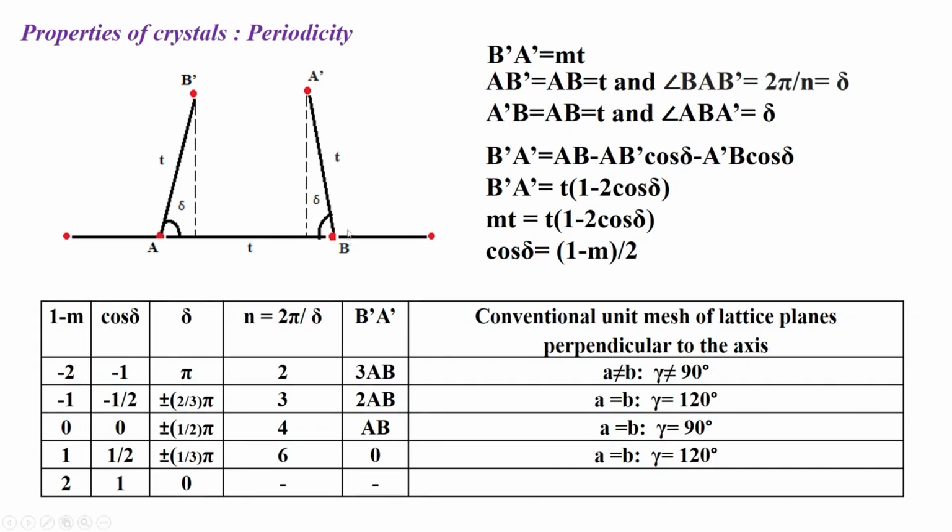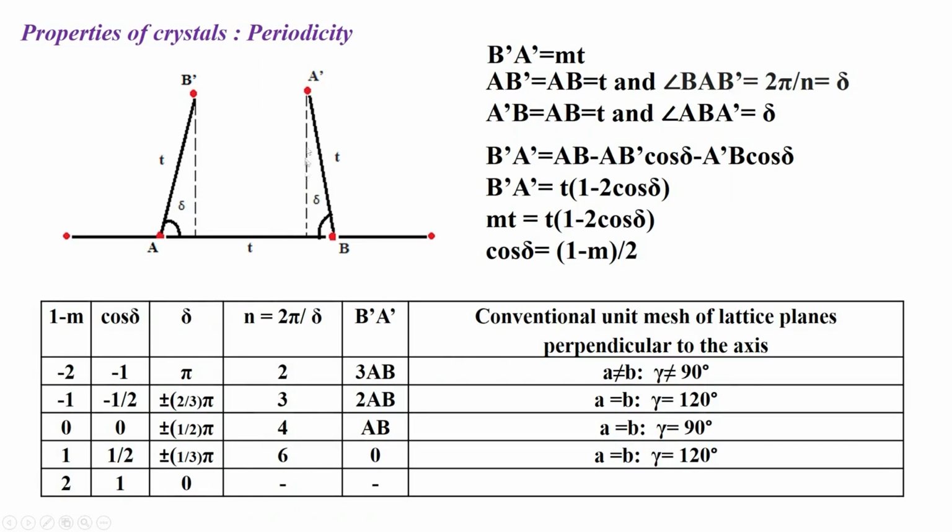So, let us take this distance A prime B. A prime B, by definition, is equal to AB, because now we said that this is the (n minus 1)th lattice point, one point before the nth point, which happens to be B. So we have AB prime equal to AB, and that is t.